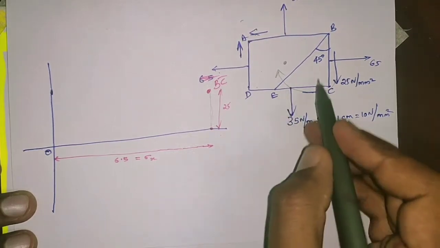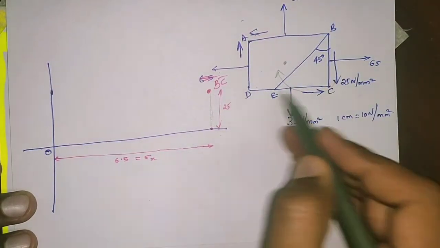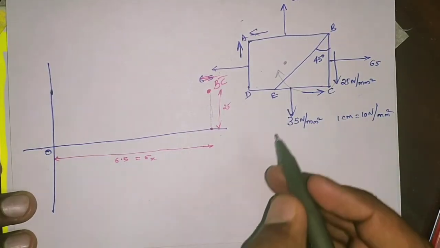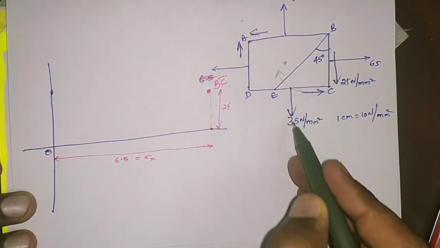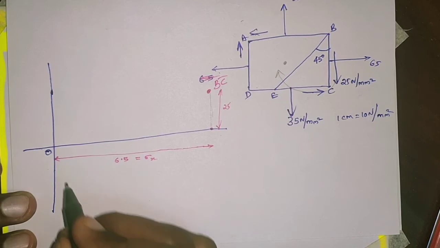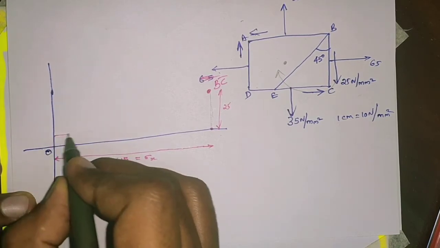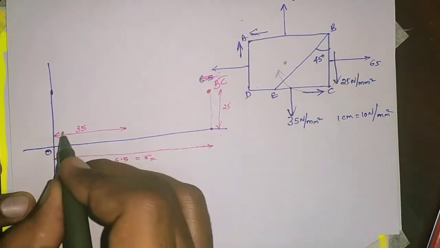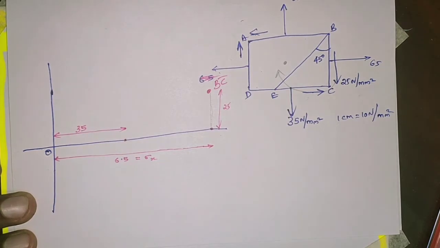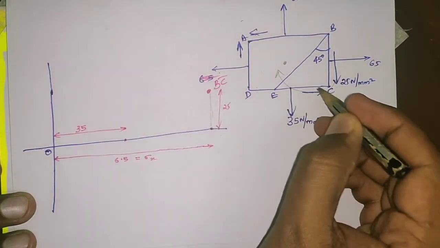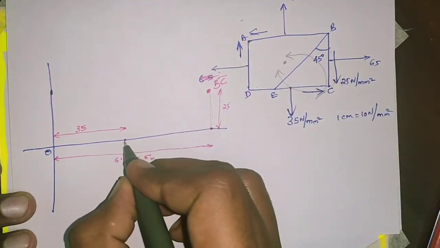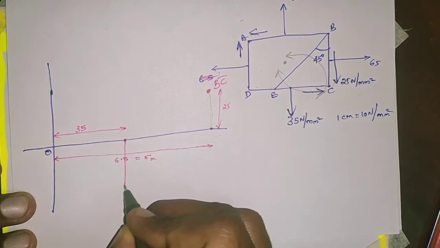Similarly, next, this inclined plane cutting DC. So that is why we take DC for the next representation. For the DC plane we have 35. With respect to 35 we take 3.5 centimeter and mark this point. In DC, this is the direction of shear stress. With respect to center, it is anti-clockwise in direction, anti-clockwise downward. So this is downward.